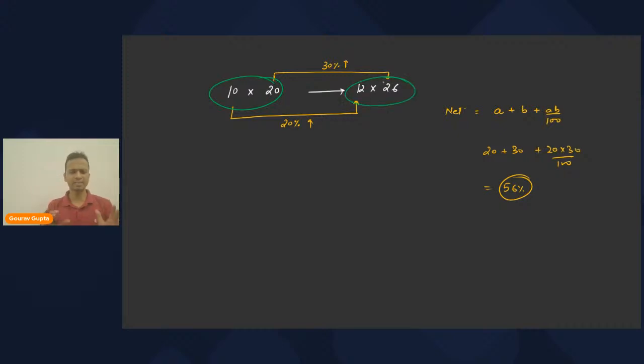All right, I've taken some very easy, convenient values, basically just to show you the application of this calculation. Okay, right? So you multiply 10 and 20 to get 200, and you multiply 26 and 12 to get 312. And if you calculate the actual percentage change, it will come out to be the same, that is 56%. Okay, so this type of thing can be done in calculations, application of successive percentage change.